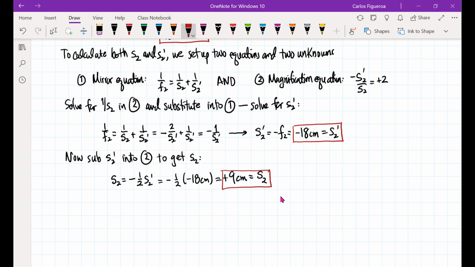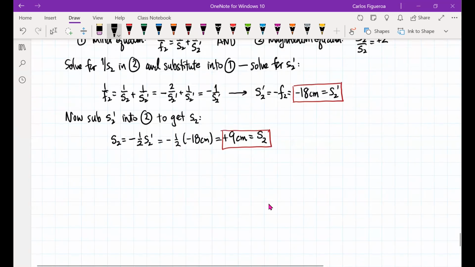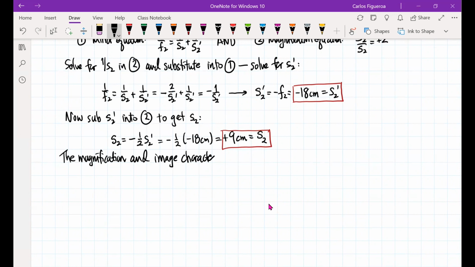So now that I have that, I want the magnification to get the image characteristics. So the magnification and image characteristics are as follows.